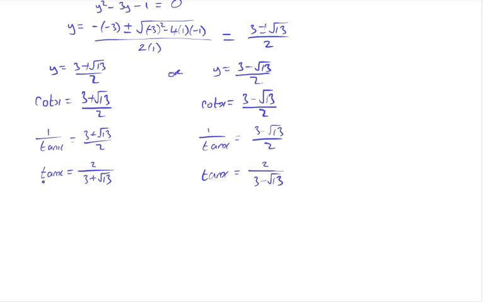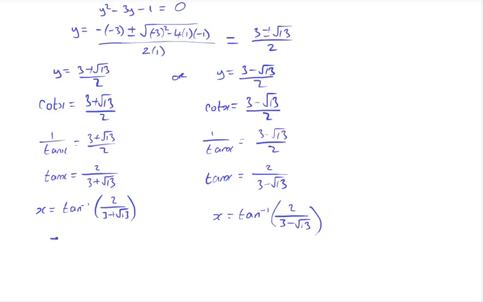To find x, we take arctan of this side. So x equals tan to the minus 1 of 2 over 3 plus root 13. Using a calculator, our x value is 0.294 to 3 decimal places. But tan repeats every 180 degrees, so we can add or take away 180 degrees or pi to get our second solution.